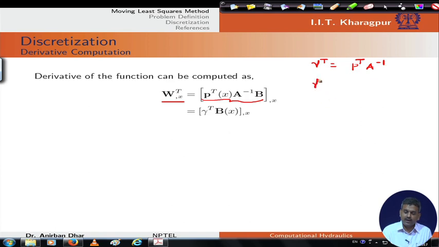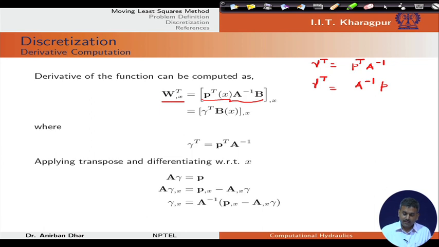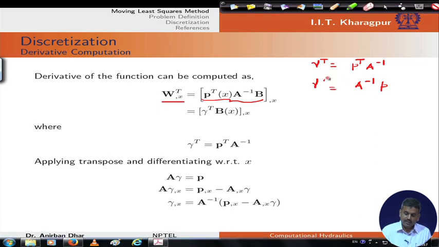Now, if we take transpose of this one, obviously this will be A inverse and this is P, and there will be change of side.